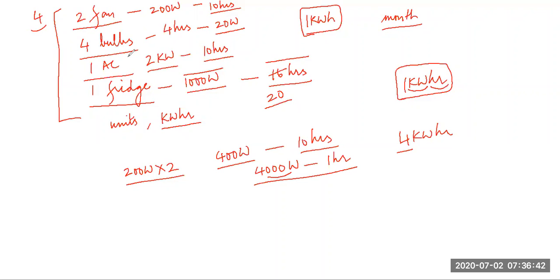Now 4 bulbs. Every bulb is 20 watt. Now 20 watt into 4 bulbs, so it's like 80 watts. Only 80 watts when all the 4 bulbs together work. Now it's only for 4 hours. So this becomes 320 watt hour.